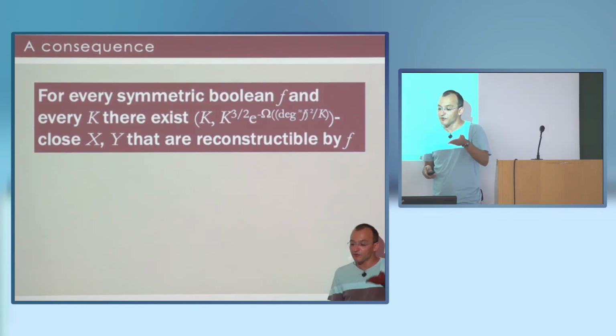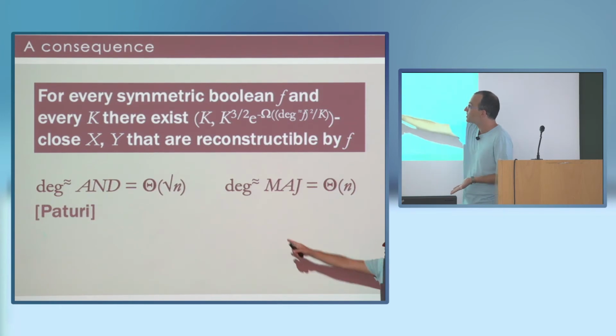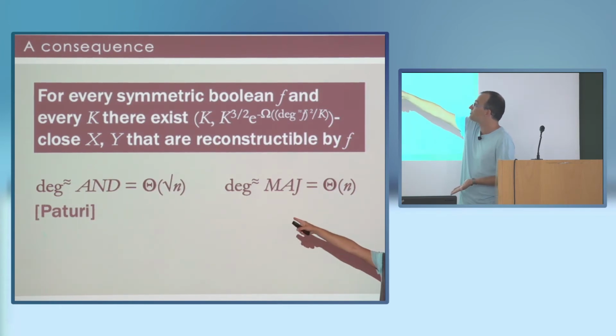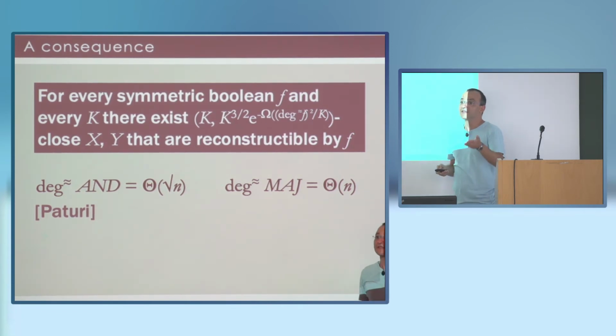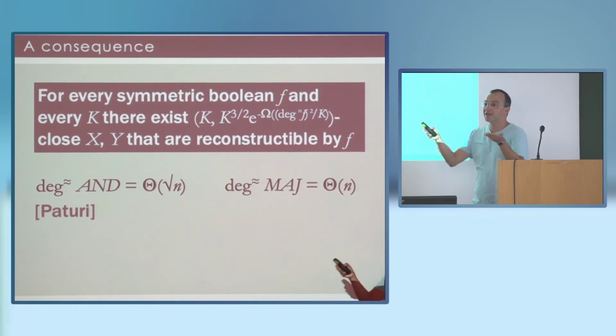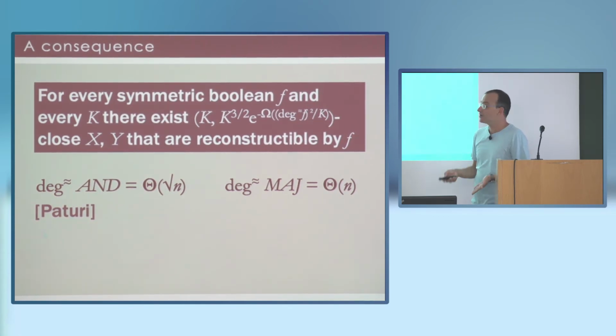I'm not going to explain to you what it is, but I'm going to give you some examples. For example, the approximate degree of the n function is square root of n. For majority, it's linear in n. And using this, you can design secret sharing schemes with tight parameters, with respect to any symmetric reconstruction function for statistical distinguishing.